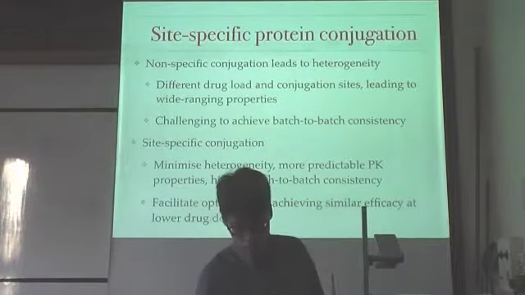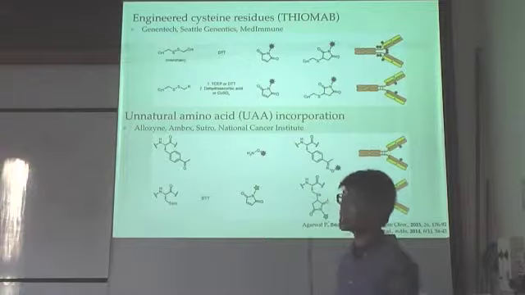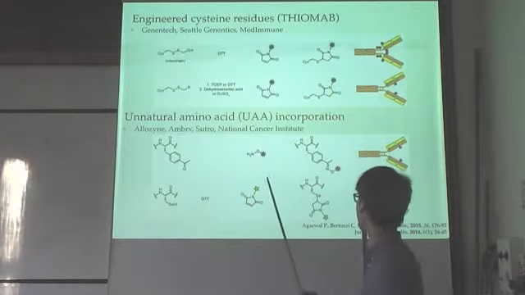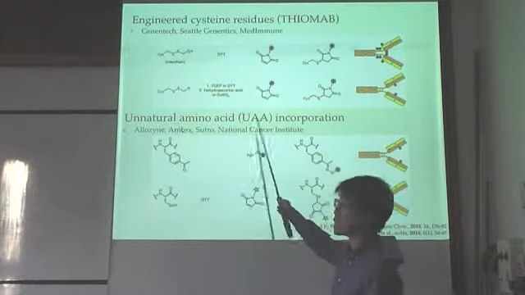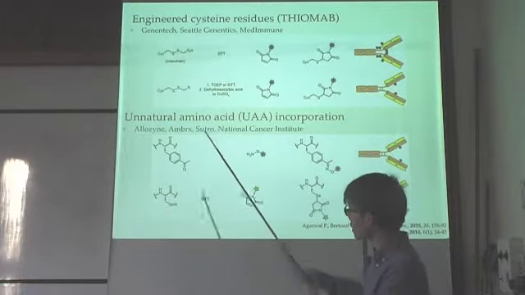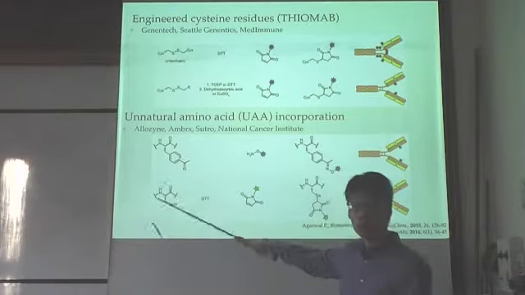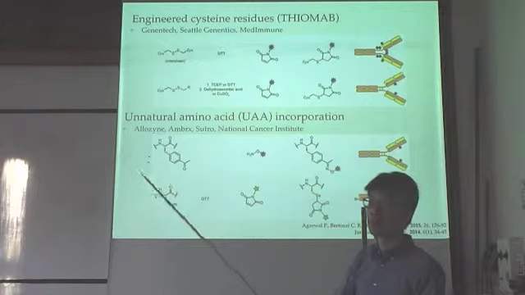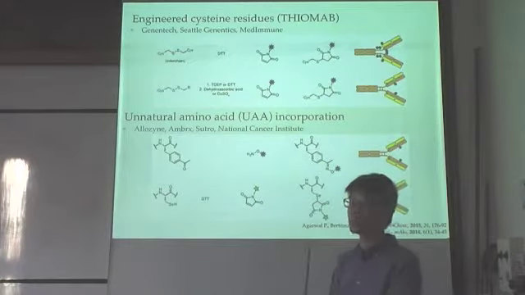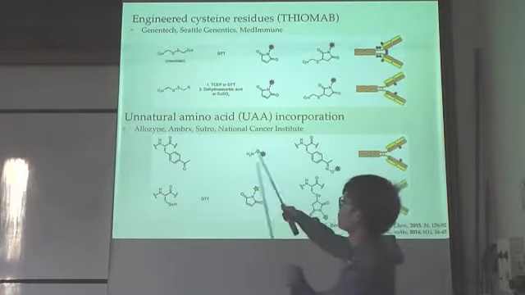So to be absolutely certain you get site-specific incorporation, you would have to use an unnatural amino acid incorporation, because this would allow you to put in unique functional groups that are not present anywhere else in the antibody. And then it would have a unique reactivity towards your drug conjugate.